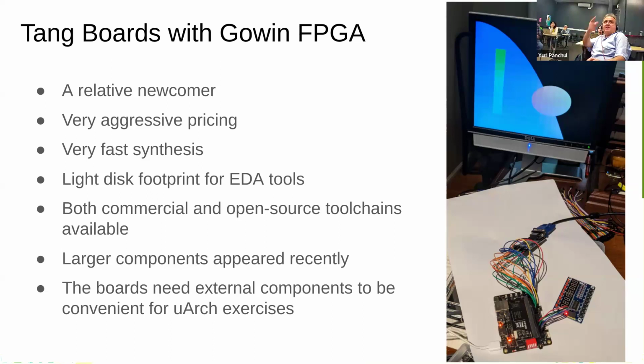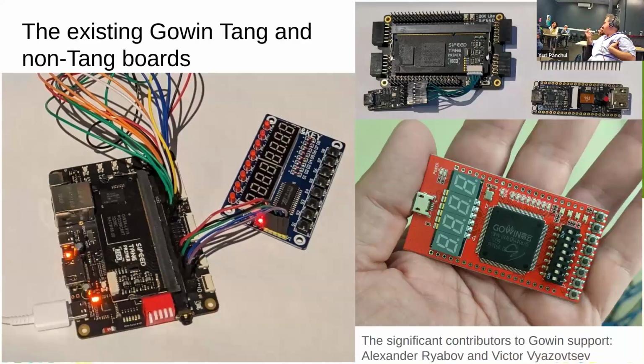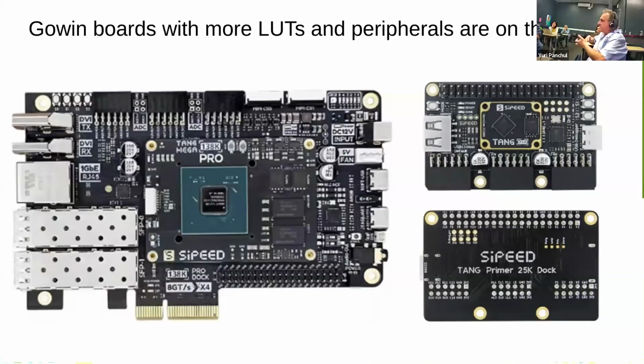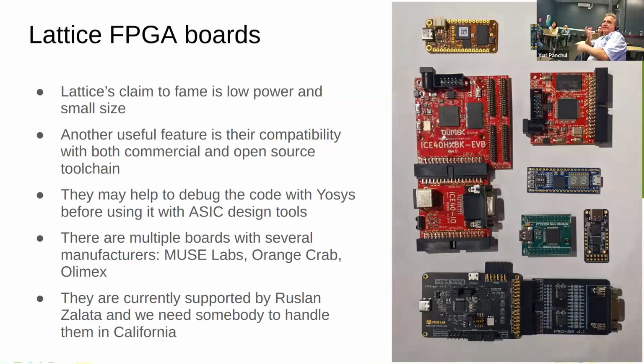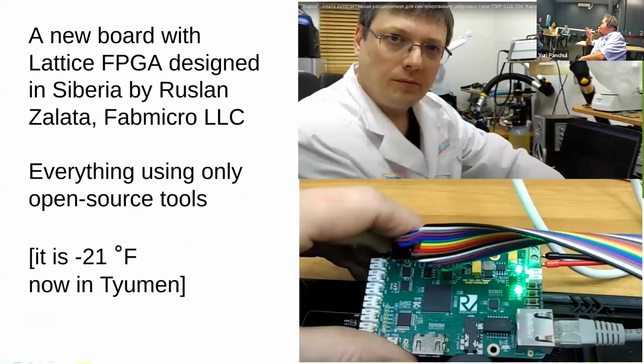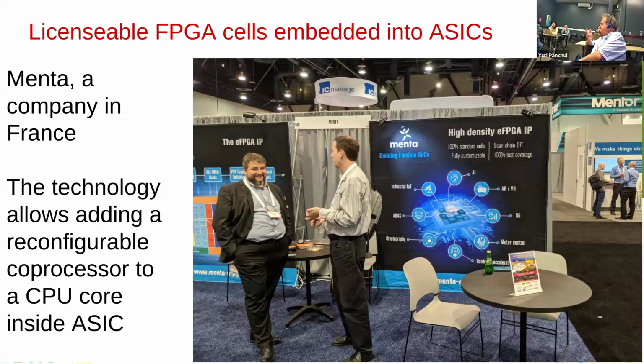Oh, this is licensable. This is a French company called Menta. This is a startup, by the way, so you can also contact them. This is a great example of a European-based startup. What they do is they don't sell hardware; they sell design. They sell design in Verilog, which allows you to instantiate flexible FPGA cells inside a fixed ASIC.